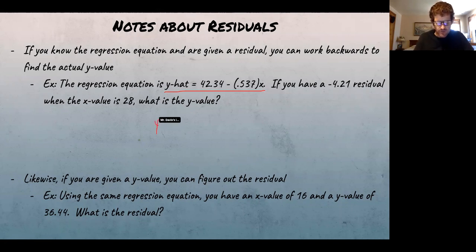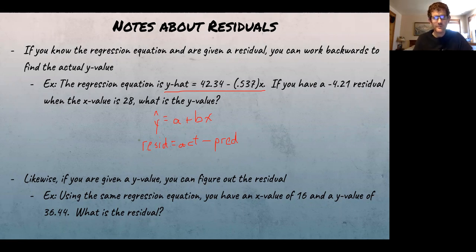So we need to first of all remember these two formulas: the regression equation is given to us, and the residual is the actual minus the predicted. So we'll need both of those formulas to help us get through this.